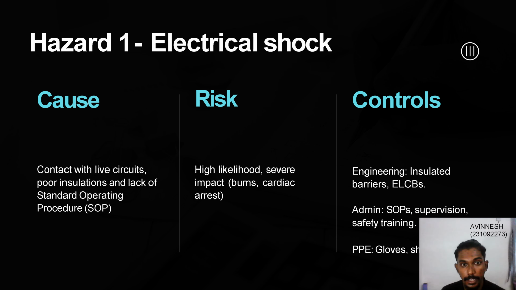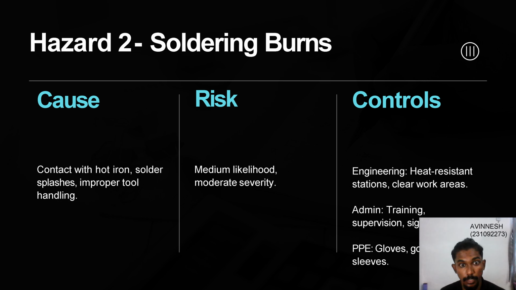So moving on to hazard 2, which is solder burns. This happens when students touch hot soldering irons or get splashed by molten solder. The risk is medium, but still dangerous, especially for beginners. What we can do to manage this is first installing heat-resistant soldering stations and an organized workspace.